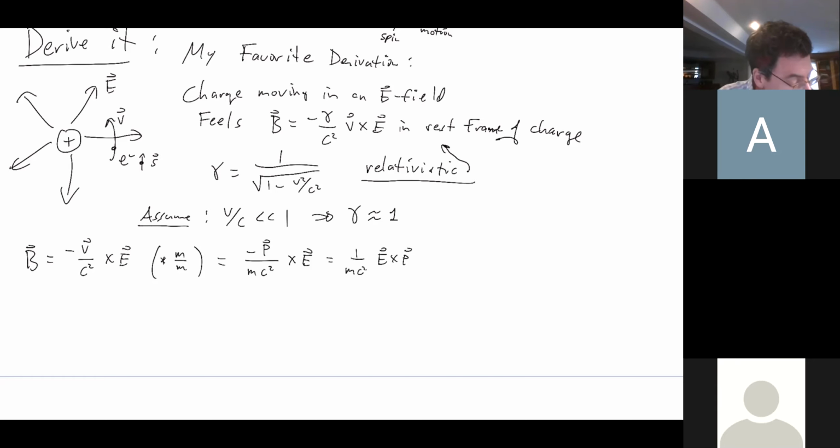This is felt by the electron, but we have to remember that the electron has a magnetic moment.